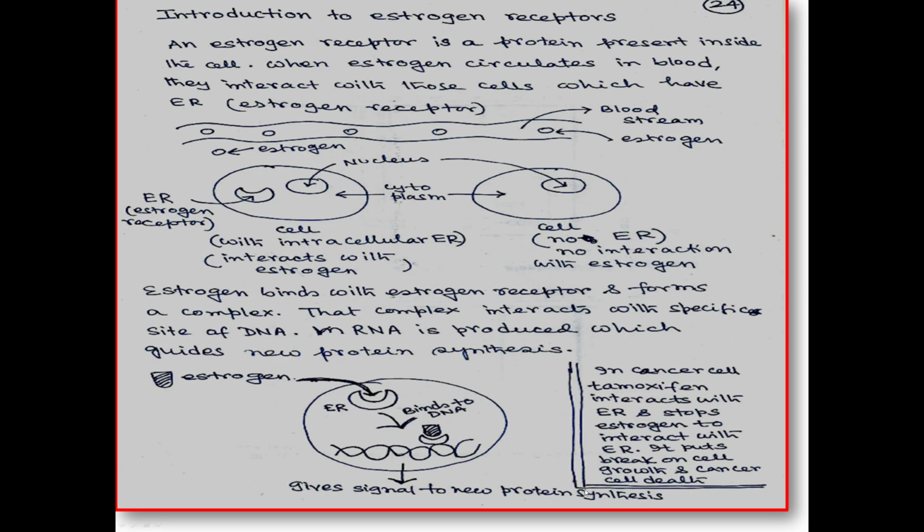New protein synthesis will be on halt, because estrogen will not be able to interact with the estrogen receptor, because one drug molecule by the name tamoxifen is interacting with it, so the message will not go. So complex formation will not happen with the DNA, and DNA will not be able to send the message to the RNA for new protein synthesis, so the cancer cell will not grow.